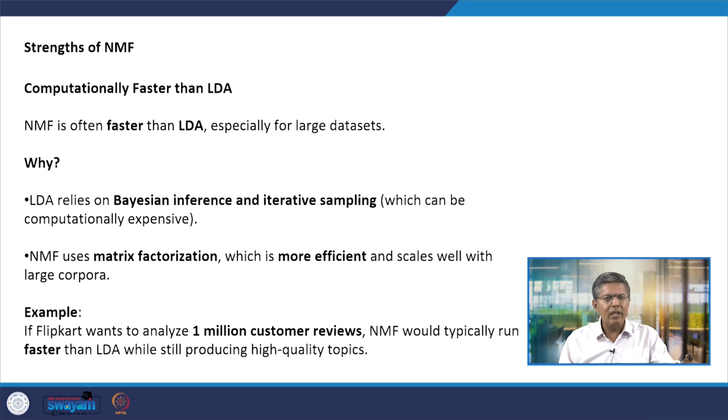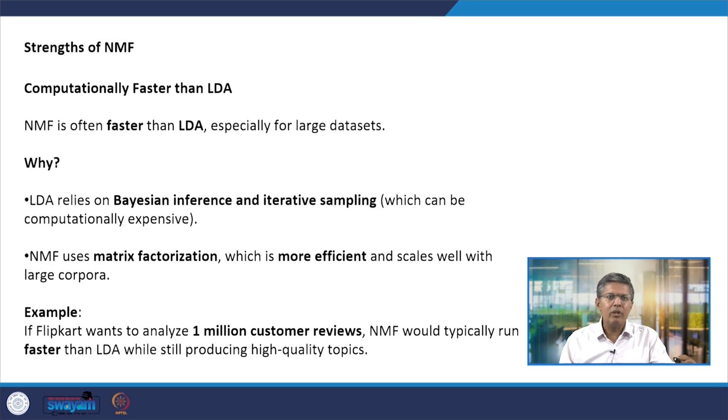One of the advantages of NMF is that it is computationally faster than LDA, especially when you have large data sets. LDA was having problems with large data sets, that is what we had discussed, because LDA was working on Bayesian inference and an iterative sampling process, which is difficult and computationally very expensive.